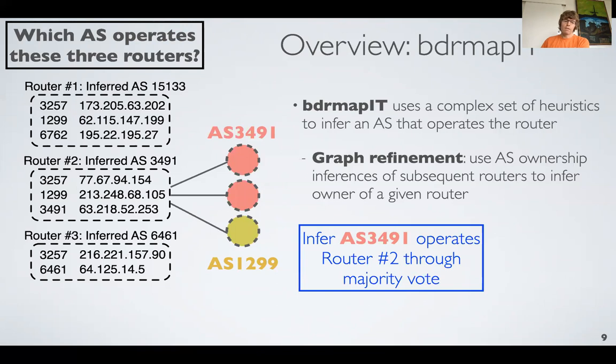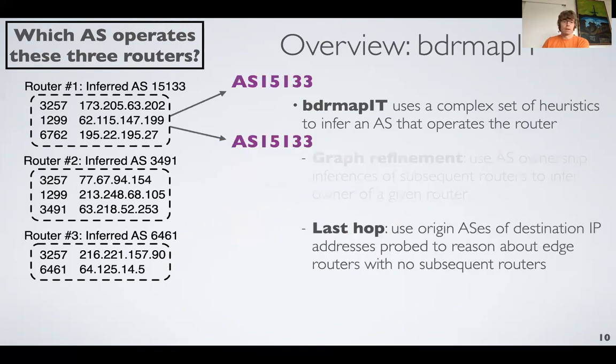So in this case, bdrmapIT will infer AS3491 operates that router because it observes multiple routers subsequent to it also operated by AS3491, in fact, a majority.